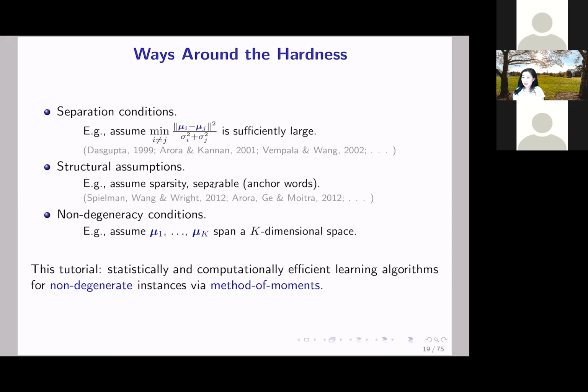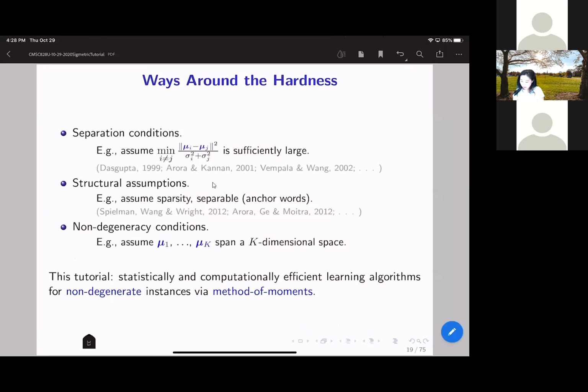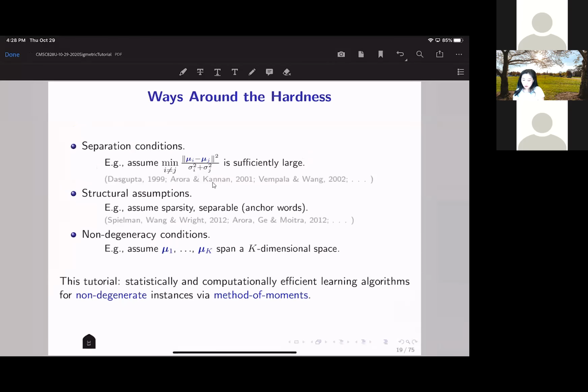This is intuitive, right? Of course, when you have the same variances, when the means are farther away, it's easier for you to identify the models. If they're closer, then it is unlikely.